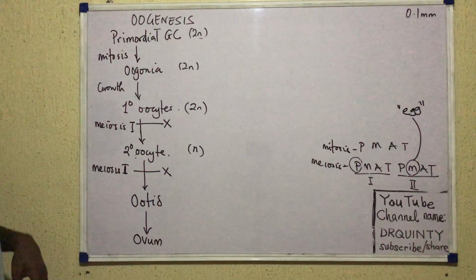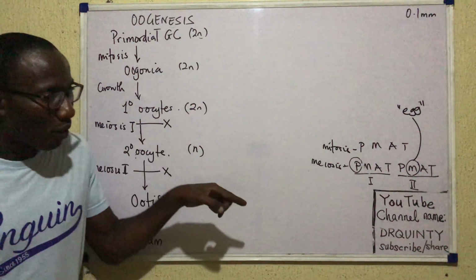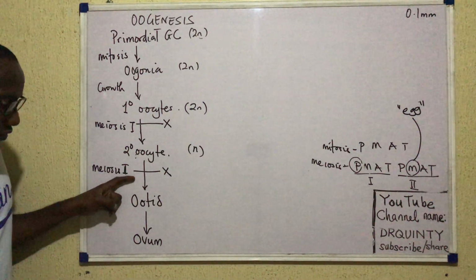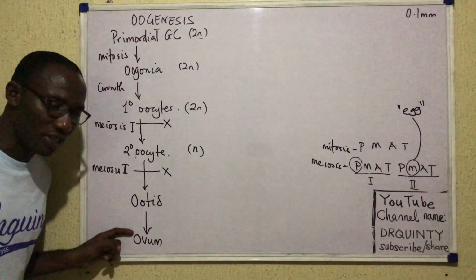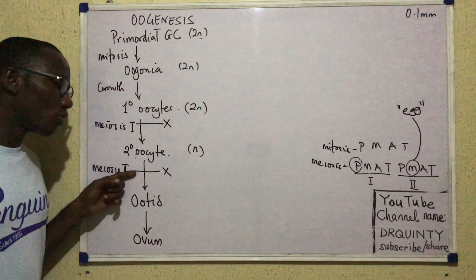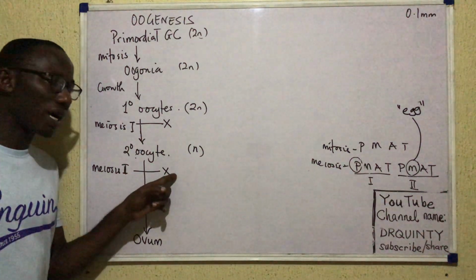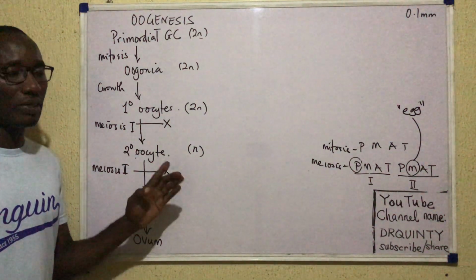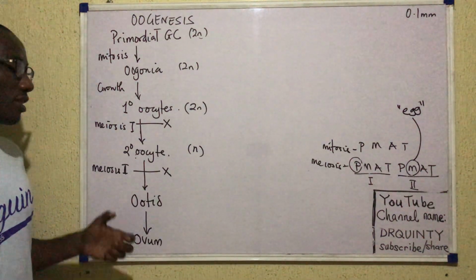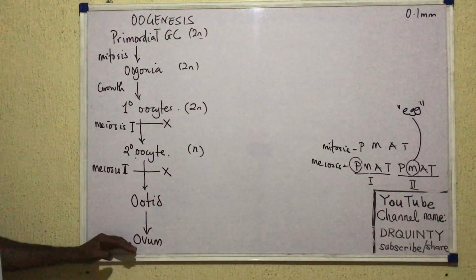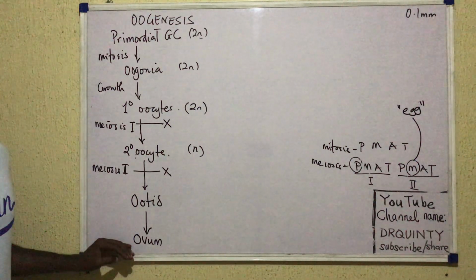So fertilization is the point at which the rest of this process is completed. Otherwise, without fertilization, the secondary oocyte that is stuck at metaphase 2 dies that way. It just goes away that way. But if there's a sperm, then it can continue all the way to ovum.